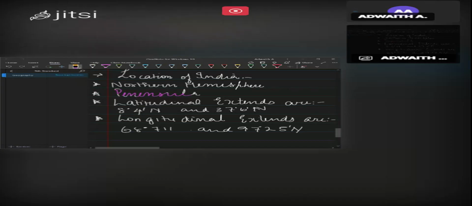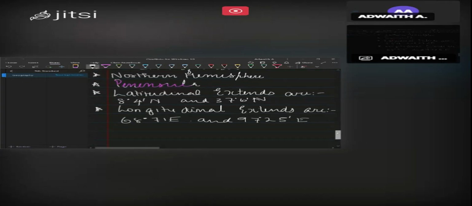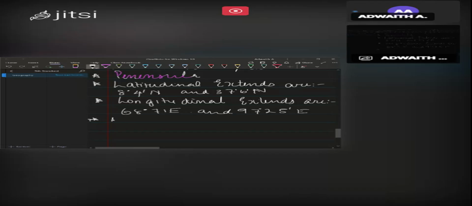It's not north, it is east. East. That is the location of India, and it is a strategic location in West Asia, in Asia.